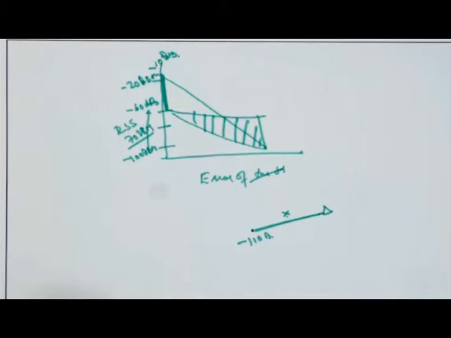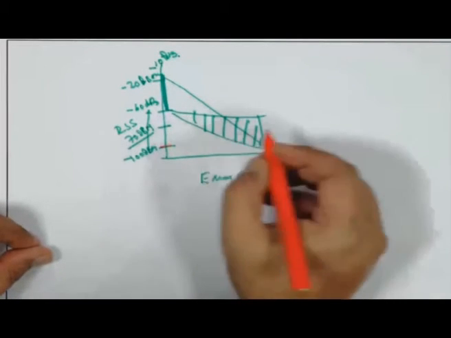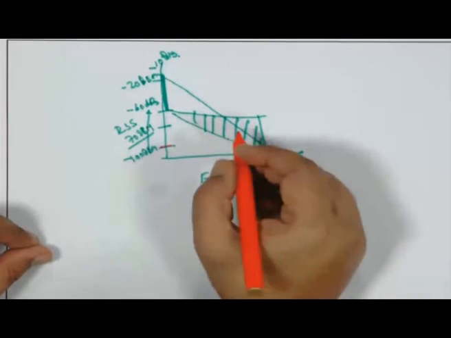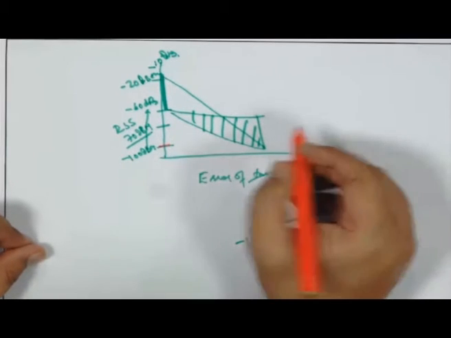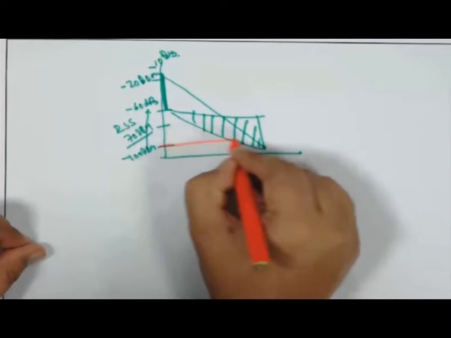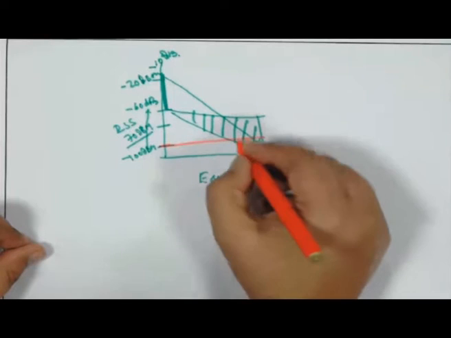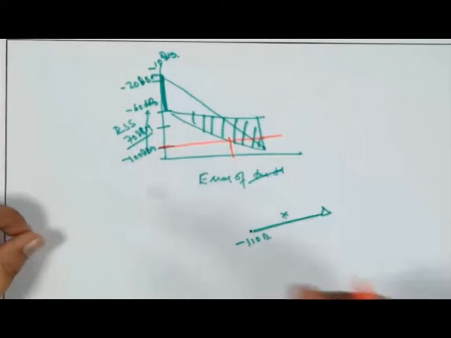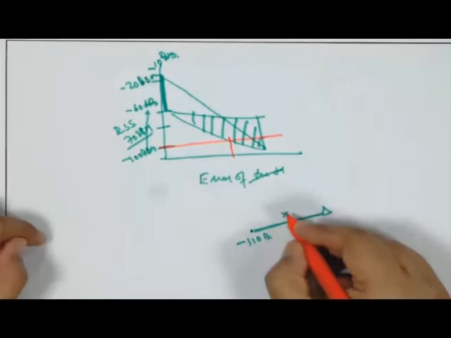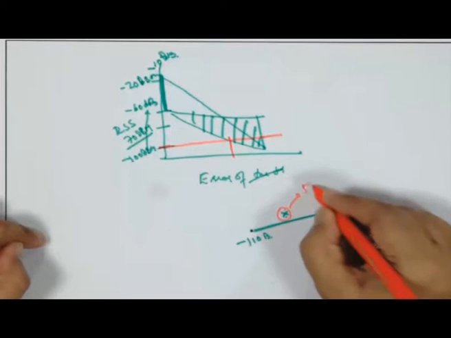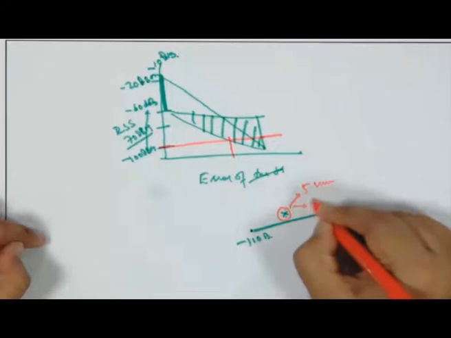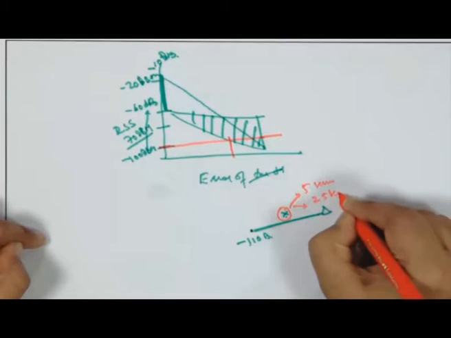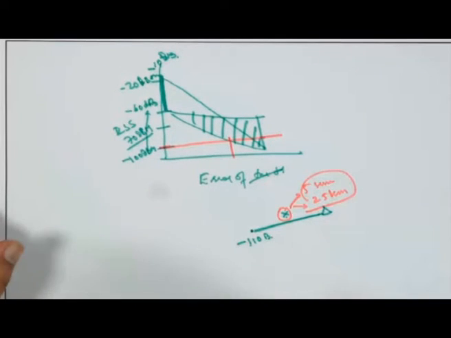What does that mean? That even if I have, say, 110 dBm, I can have error of 5 meters and I can have error of 25 meters. So this x can be anything from 5 kilometers to 25 kilometers. That means it cannot actually be used as a proxy to distance.